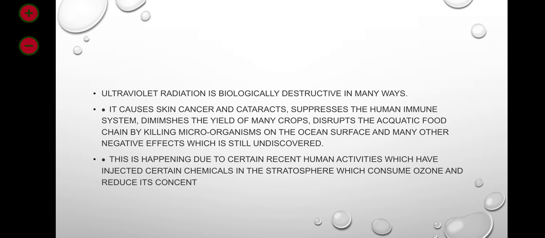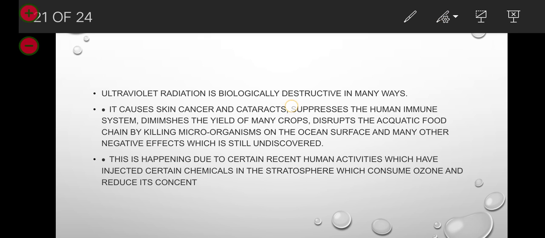Then what are the bad effects of ultraviolet radiation? Let us know. Ultraviolet radiation is biologically destructive in many ways. It causes skin cancer and cataracts, which is a clouding in the eyes so that we cannot see things. It suppresses the human immune system, diminishes the yield of many crops, and disrupts the aquatic food chain by killing microorganisms on the ocean surface.